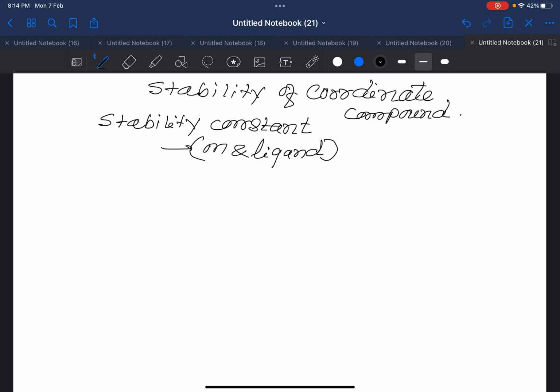Okay, in this, metals serve as electron pair acceptor, while ligand as Lewis base, since it's electron donor.